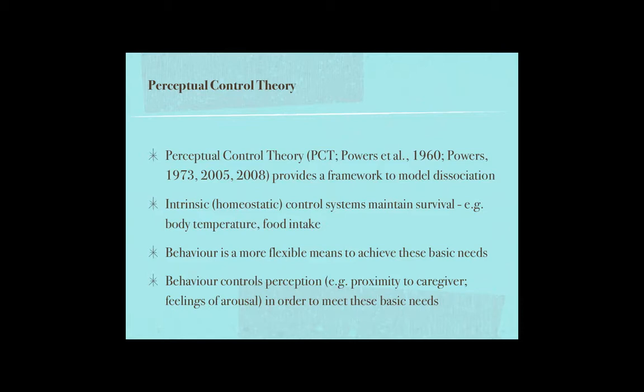The theory was developed a long time ago through the 50s and 60s, and a key element of the theory is that it continues where homeostasis leaves off. So we know from biology that homeostasis involves the maintenance of physiological variables essential for survival, like blood oxygen levels, body temperature, etc. And these systems work through what's called a negative feedback loop, where we reduce the discrepancy between the standard, so for example 37 degrees for body temperature, and what the current body temperature is.